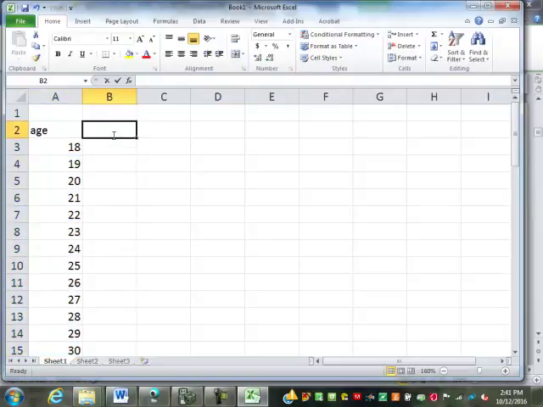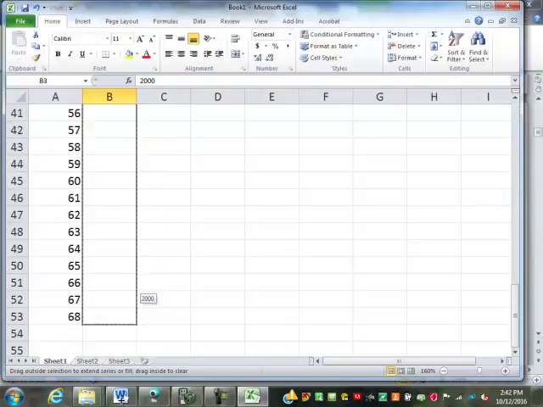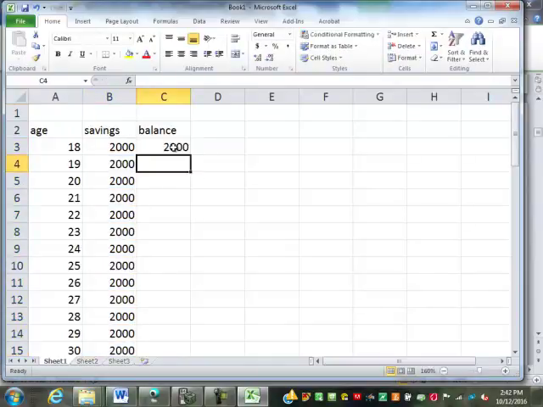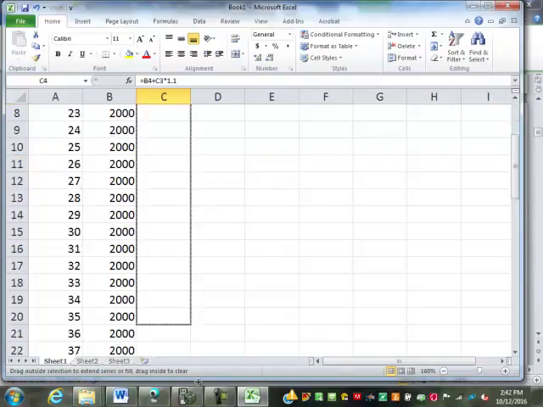So let's say you put away that $2,000 every year up until you're 68. Anybody want to guess how much you're going to have at 68?